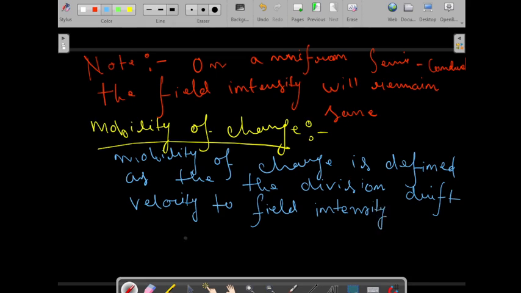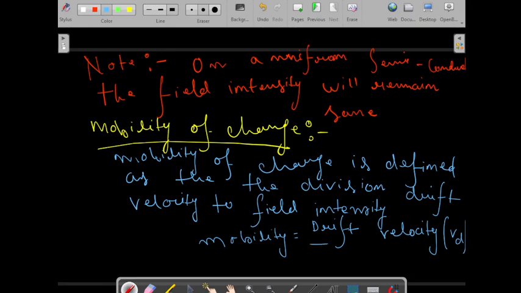So mobility is drift velocity Vd divided by field intensity.